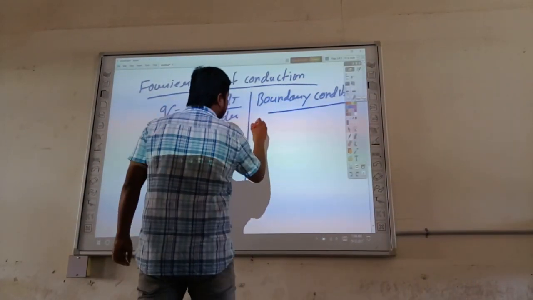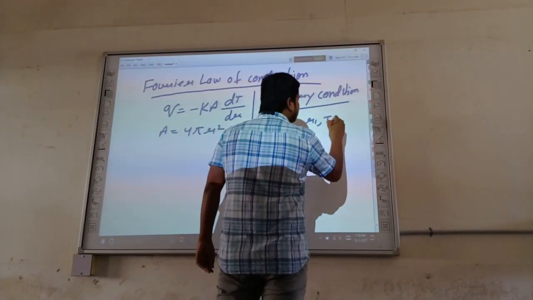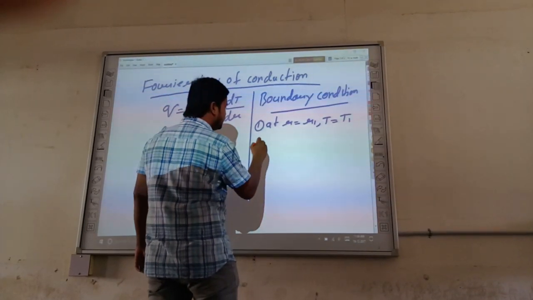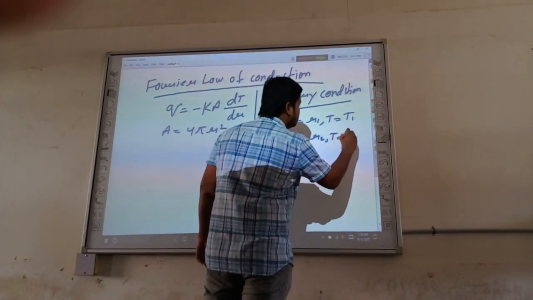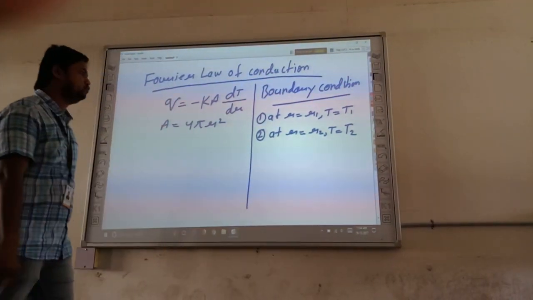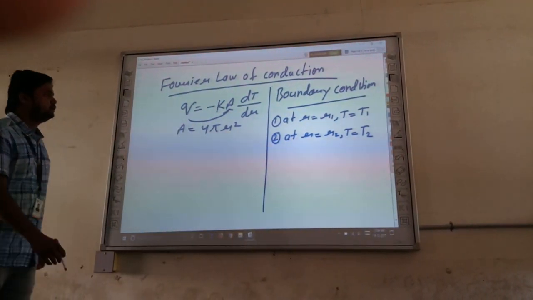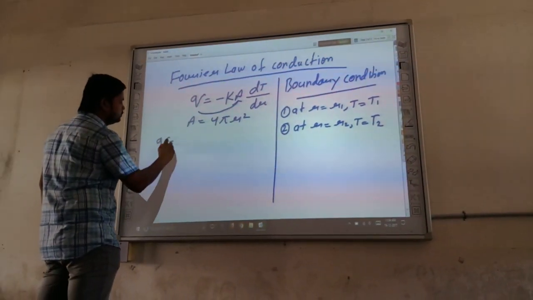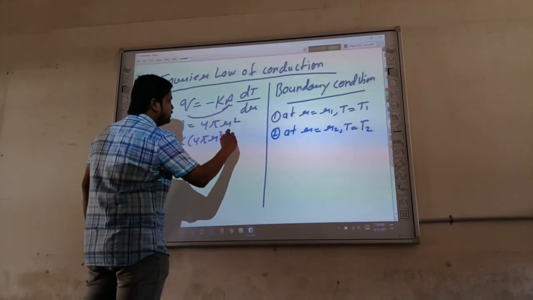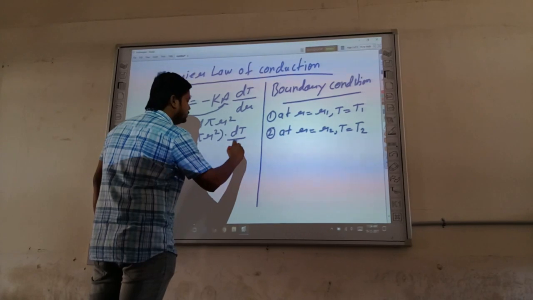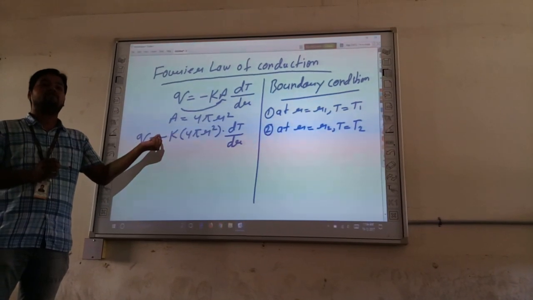So you can write at r is equal to r1, temperature is T1; second, at r is equal to r2, temperature is T2. These two boundary conditions will hold. Now this A you put in Q, then you can simplify 4 pi r square dT by dr. Here I am saying, suppose this k is not constant, it will be a function of r.